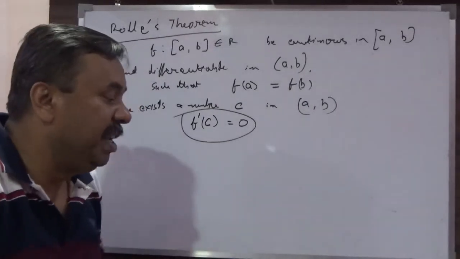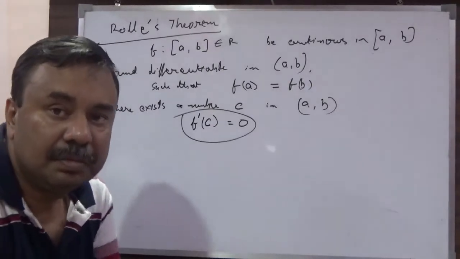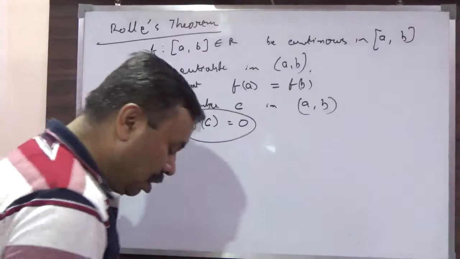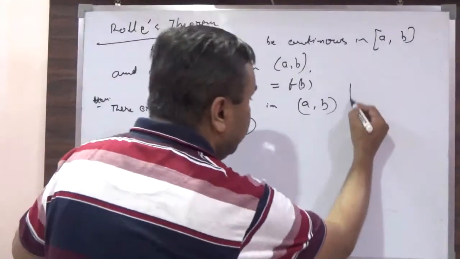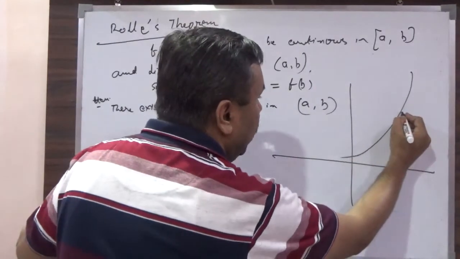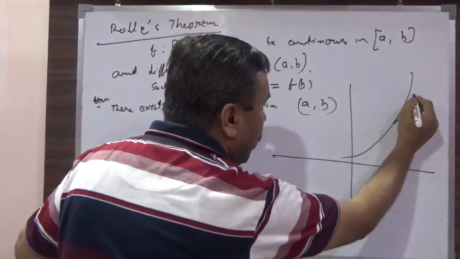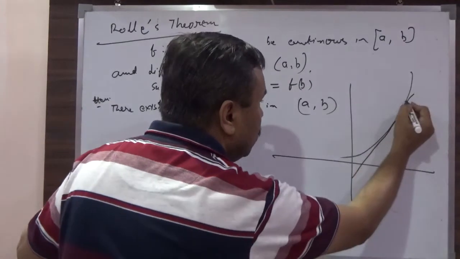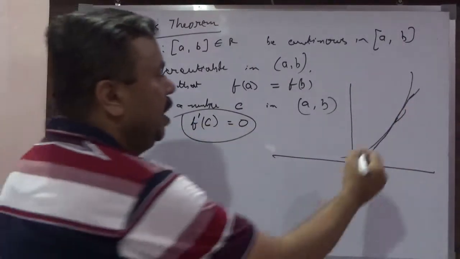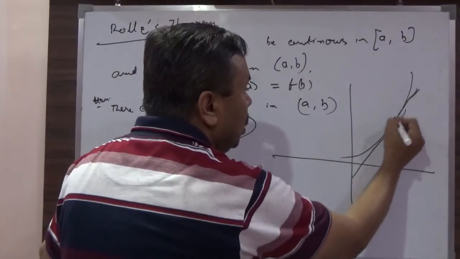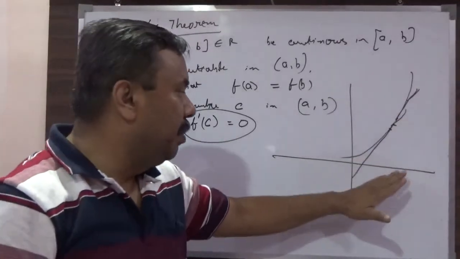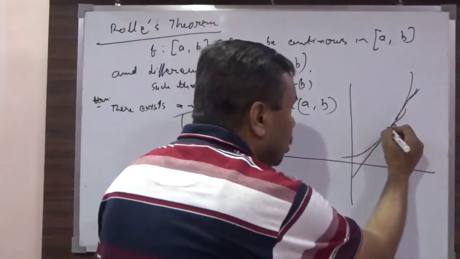And what is the meaning of the value of the derivative? That is the slope of the graph. So when I make a graph like this, if I am finding out the slope at this point, what does this mean? The slope is the change in the value of y divided by the change in the value of x.